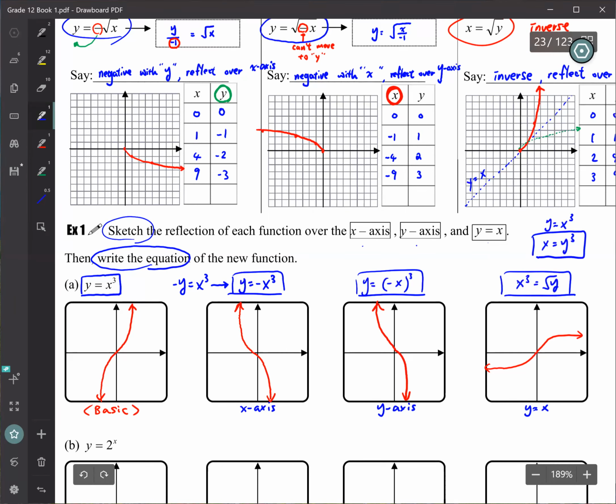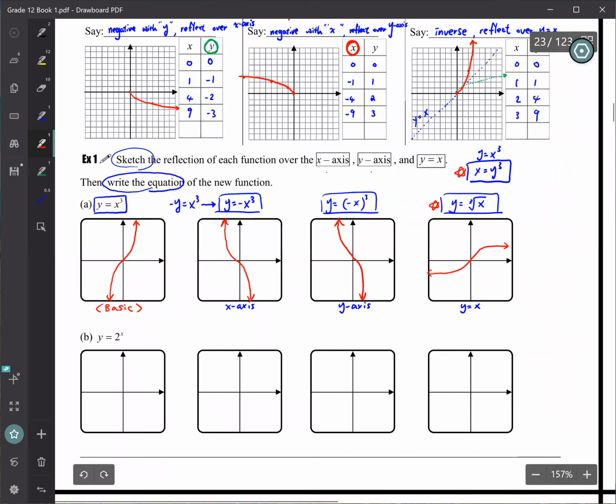And then step 3, what would that be? Isolate y. Yeah, so how do we isolate the y? A cube root. Yeah, so I will write cube root of x. So you can either leave the answer like this one or the second one. Both of them are the same graph. Good? Understand?